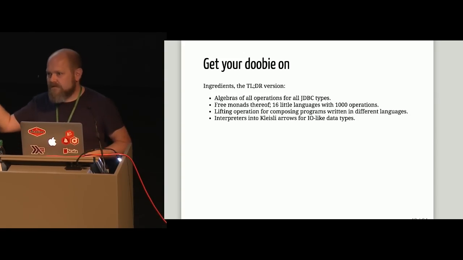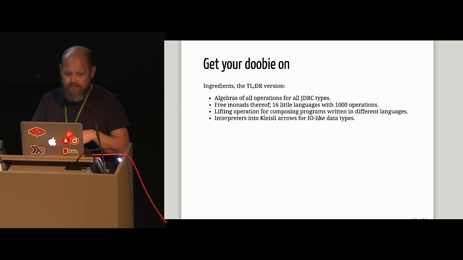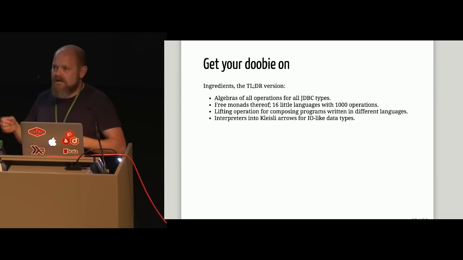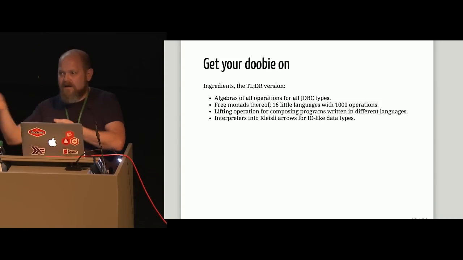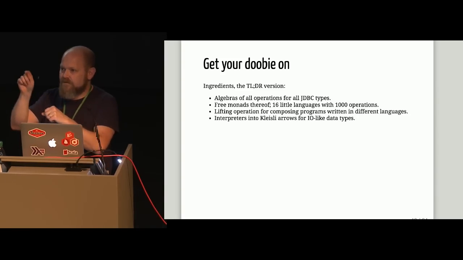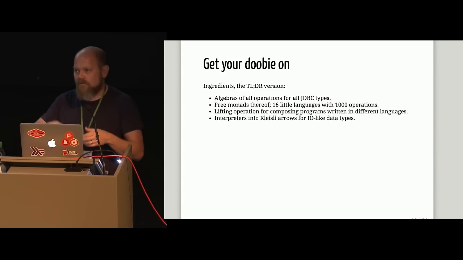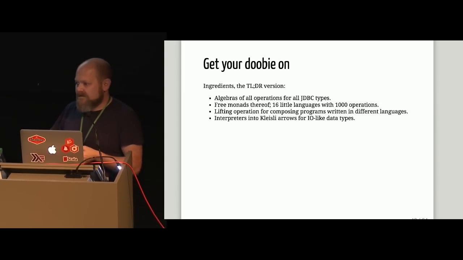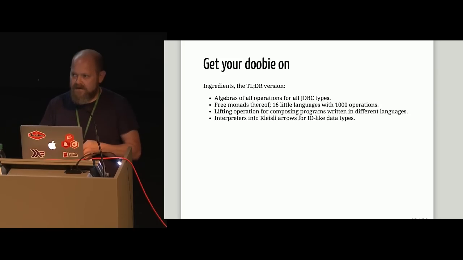So you interpret this into a Kleisli arrow, which is a function from, for instance, if you have a ConnectionIO type, you can interpret it into Scalaz IO, and you will get a function of type JDBC Connection to IO of something, whatever type you're computing. Okay, and that will work for Scalaz IO, Scalaz Task, Monix Task, FS2 Task, any type that has a few specific behaviors.